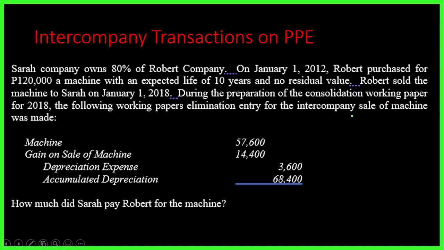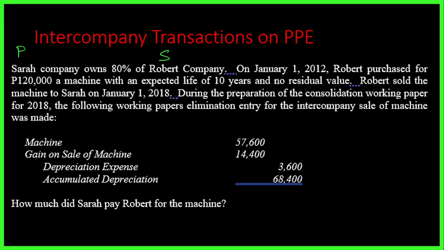Okay, so let's continue. How much did Sarah pay Robert for the machine? Sarah company owns 80% of Robert, so this one is the parent and this one is the subsidiary. On January 1, 2012, Robert purchased for 120,000 a machine with an expected life of 10 years and no residual value.